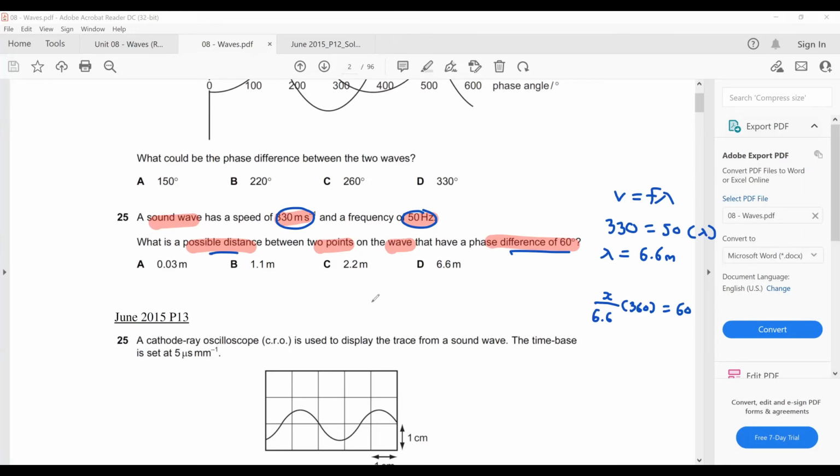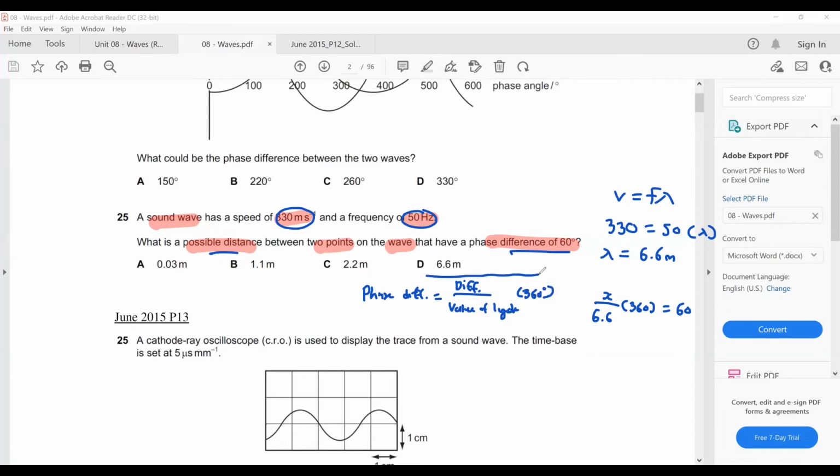Because the original equation for the phase difference between 2 points was the difference over the value of one cycle times 360 degrees.